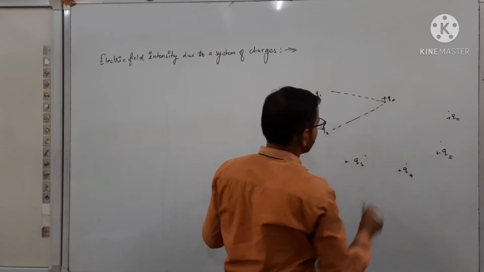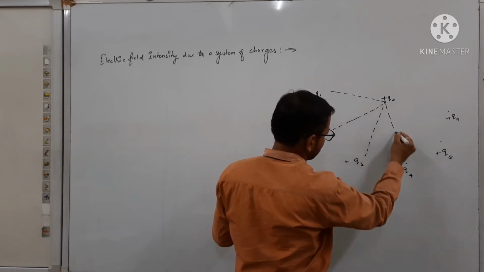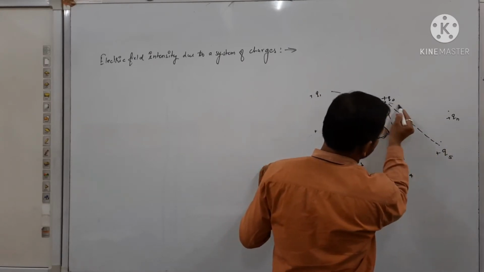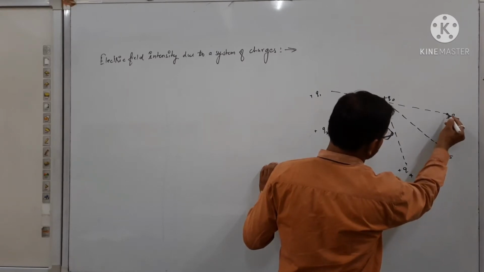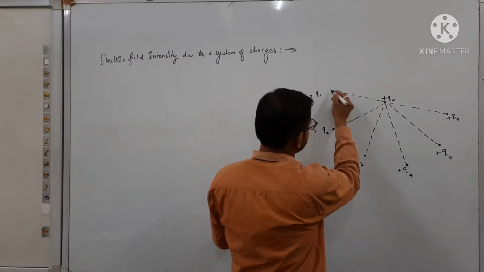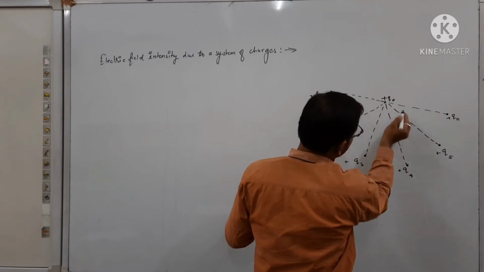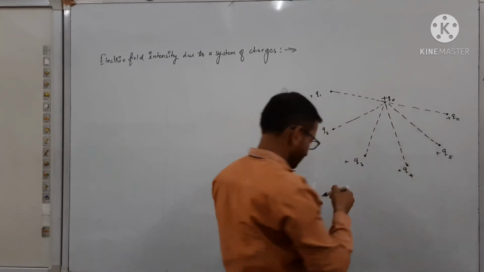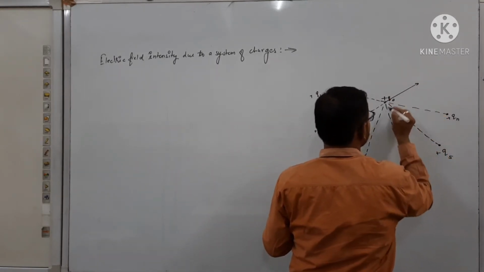Similarly, first I am drawing the diagram, you can see here. These are the locations of n charges, and if I want to show the direction, it will be shown by one dark line.